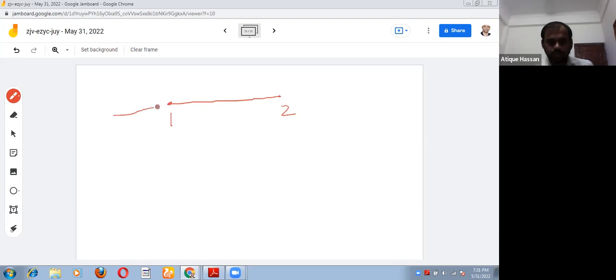So charge q was given to particle 1 and charge Q minus q was given to particle 2. So what is the charge on particle 1? Small q, which is capital Q by 2. What is the charge on particle 2? Q minus small q, which is Q by 2.